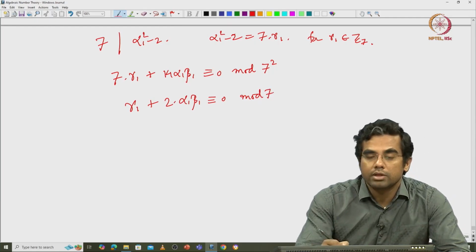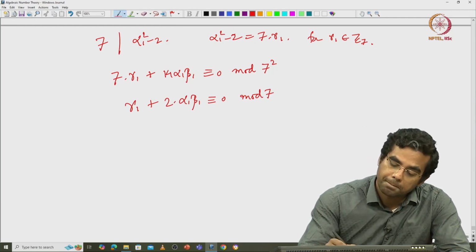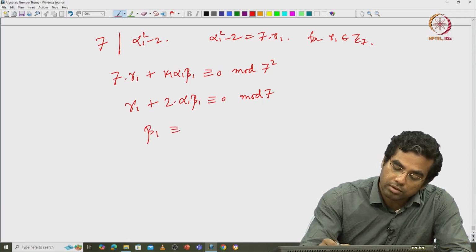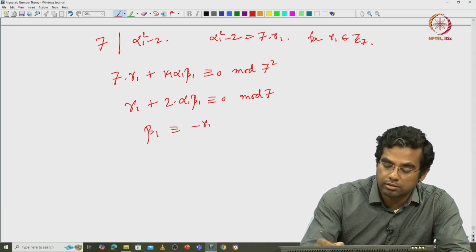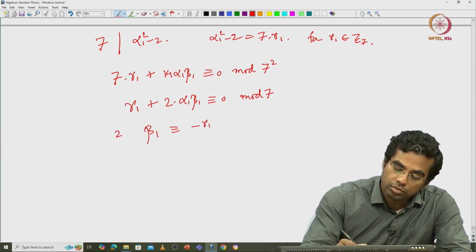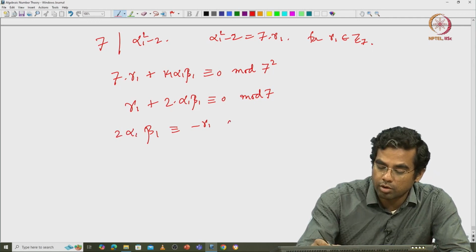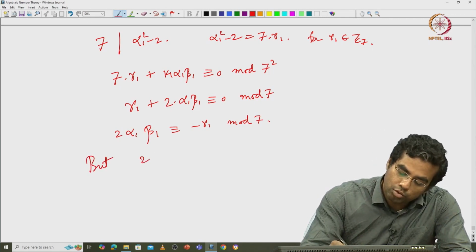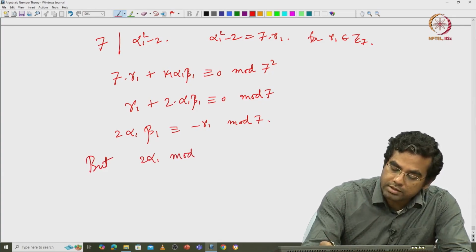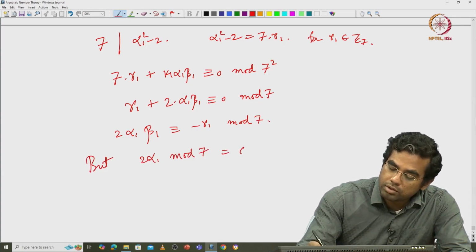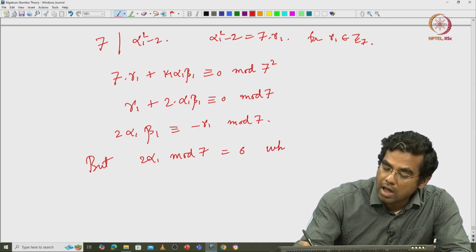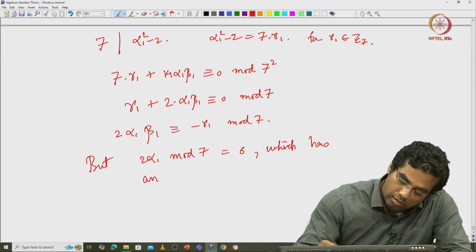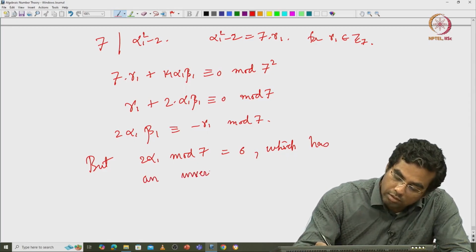So, I want beta 1 which satisfies this, which means beta 1 is congruent to minus gamma 1 over 2 alpha 1, mod 7. But 2 alpha 1 mod 7 is equal to 6, which has an inverse mod 7.